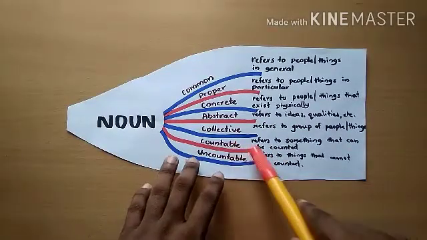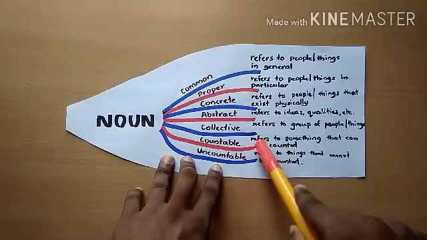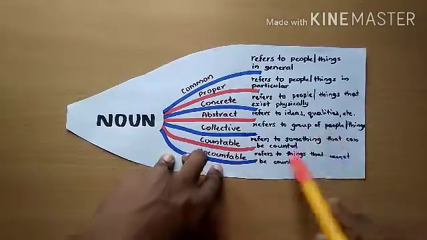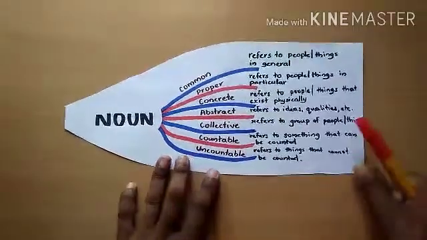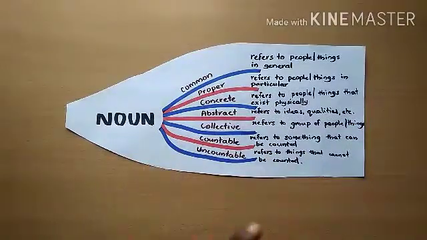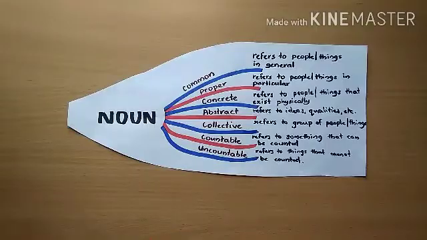Then we have countable nouns, things that can be counted, and uncountable nouns, things that cannot be counted. Okay, these are the different types of noun. So I'll just give you some examples for you to understand it in a better manner.